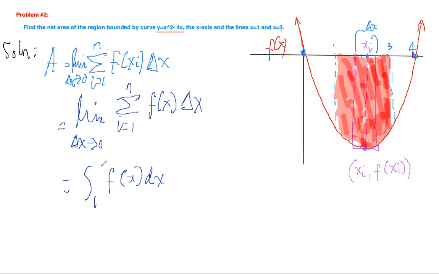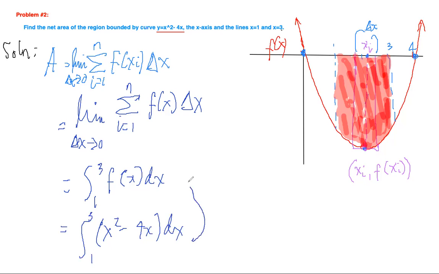So that's the boundary, 1 to 3. This is the integral that we're trying to solve: the integral of x squared minus 4x dx from 1 to 3.